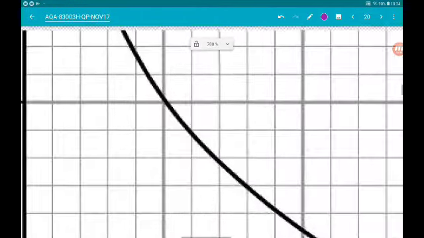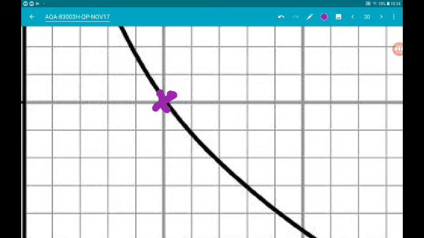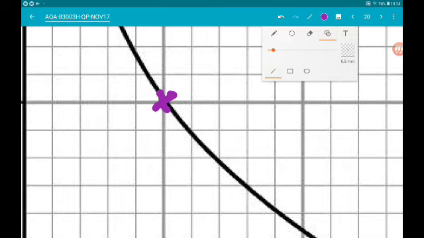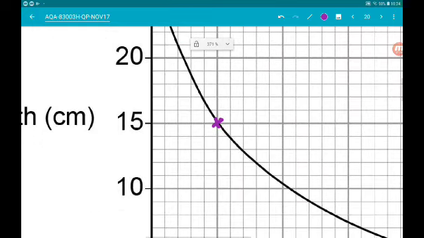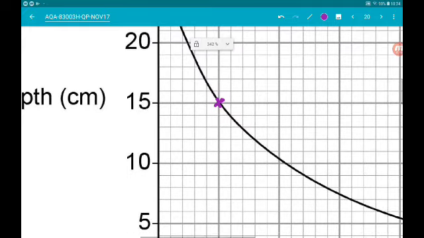So 10 seconds is here. So using your ruler, we want to draw a straight line that only touches the curve at this one point. So that's how we go.